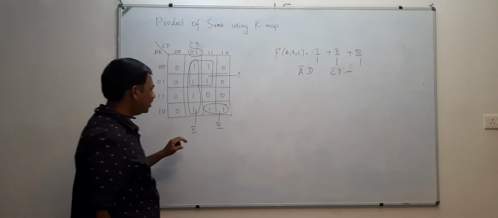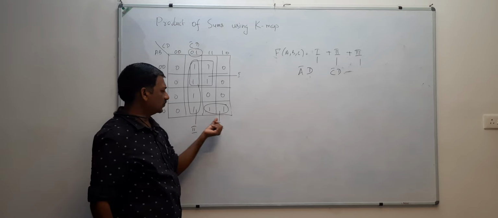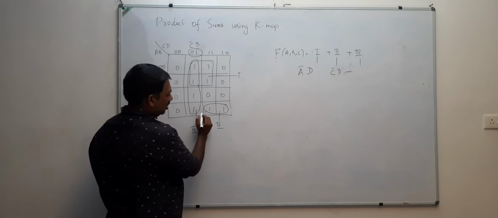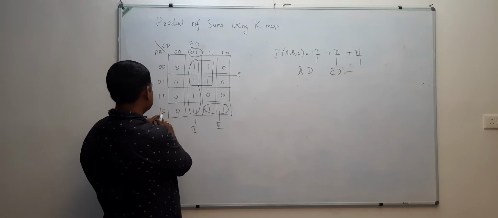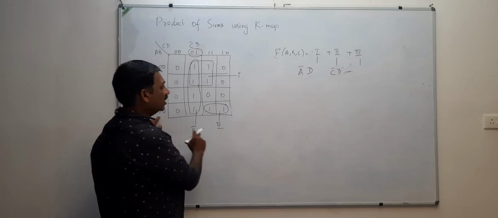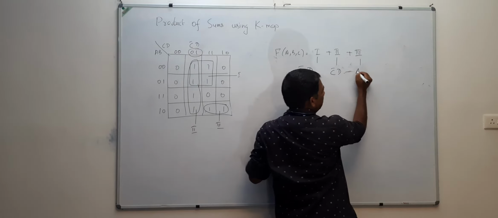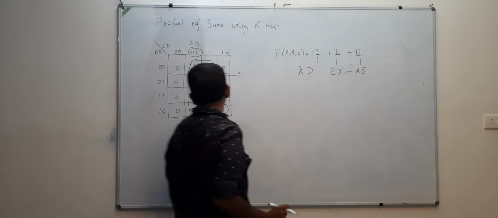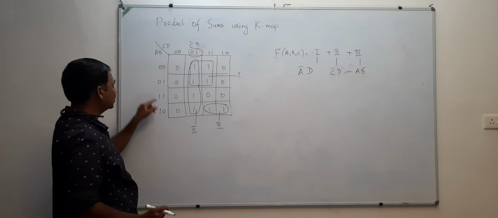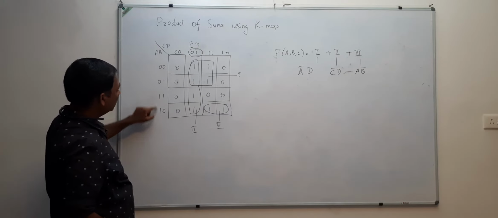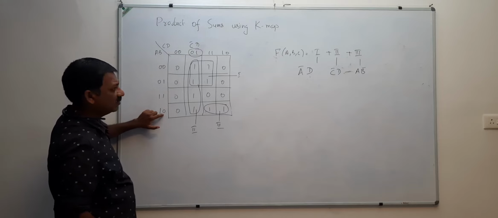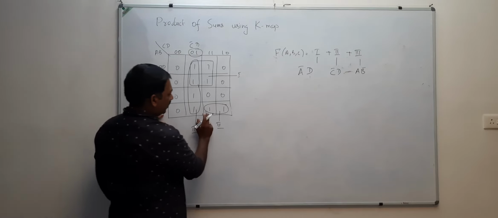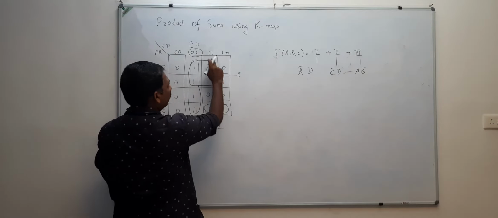and that is C bar D, plus the third term. What is the third term? The third term is this one to this one. In this row, what remains constant? A B bar remains constant. That means 1 0 remains constant, and 1 represents A and 0 represents B bar, so A B bar. And from this column to this column, what is changing?